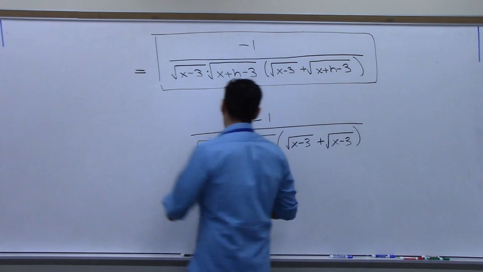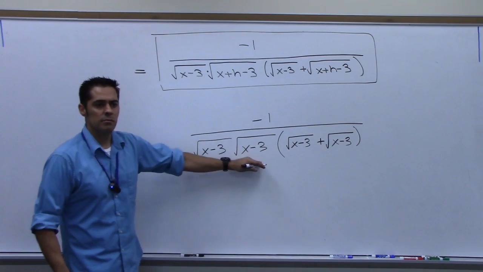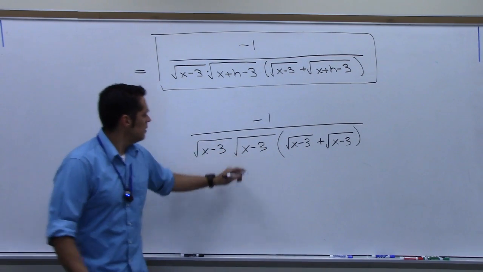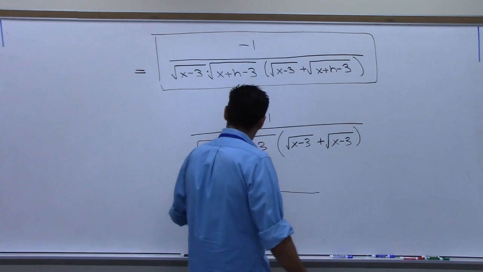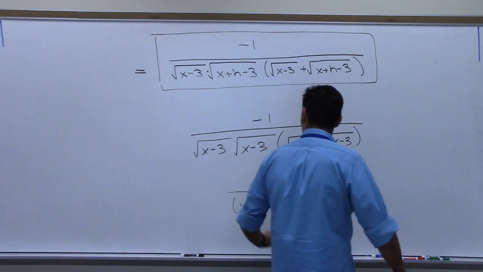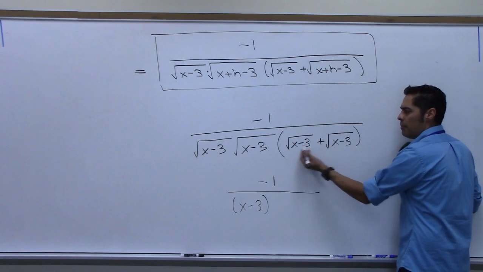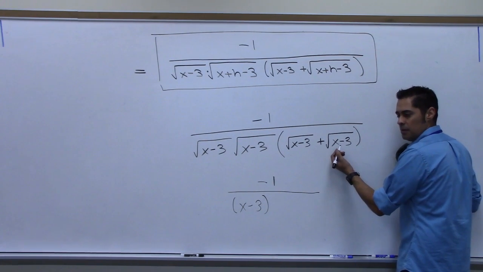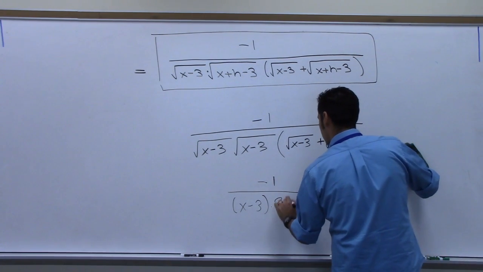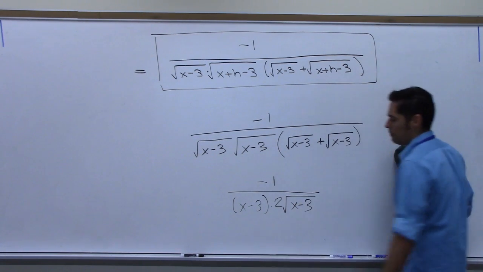If I do these two together, doesn't the root go away? It's just x minus 3. So -1 over, in parentheses, x minus 3. And if I put these two together, an apple plus an apple is 2 apples. So this is times 2 of these root x minus 3s. You with me still?